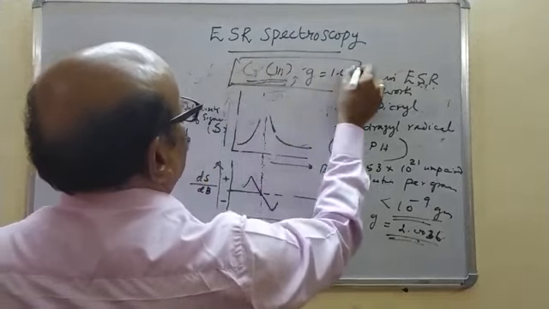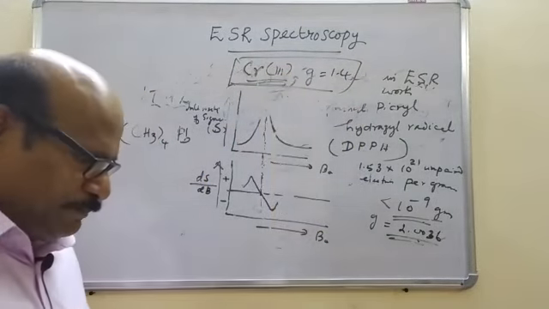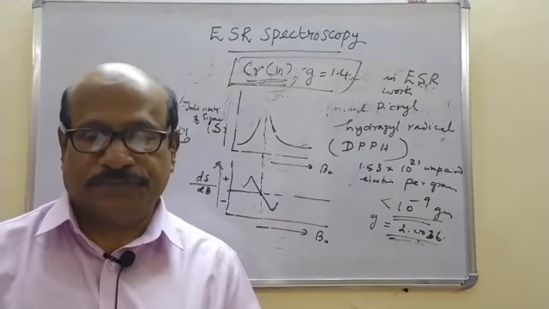The G value of 1.4 is distinguished well from all other free radicals.